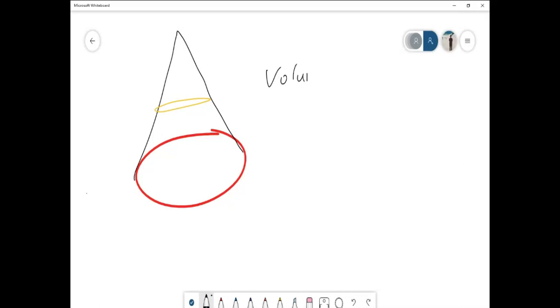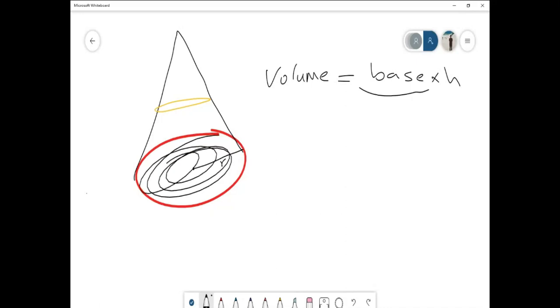So volume here is multiplied by 1/3. What is the area of the base? Pi r squared, right? The volume is basically base times height. So base area is pi r squared. Then you multiply with height, this height.